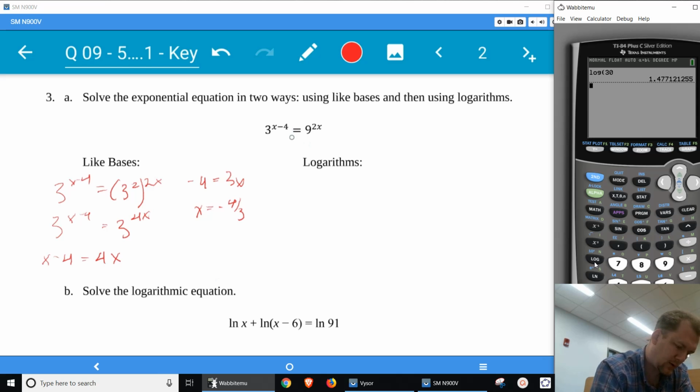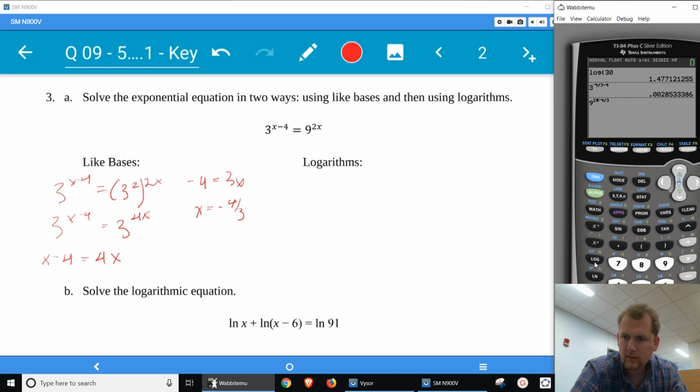Does that actually work? Let's see. 3 to the negative 4/3 minus 4 is that 9 to the 2 times negative 4/3. Yeah, that's it.